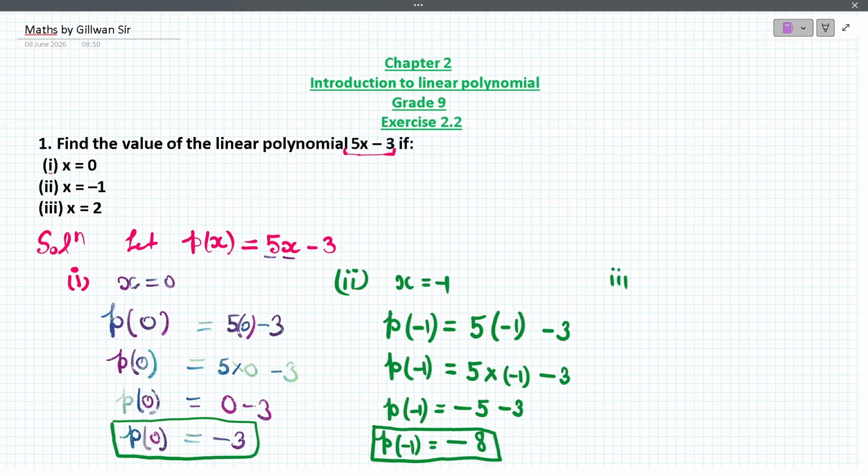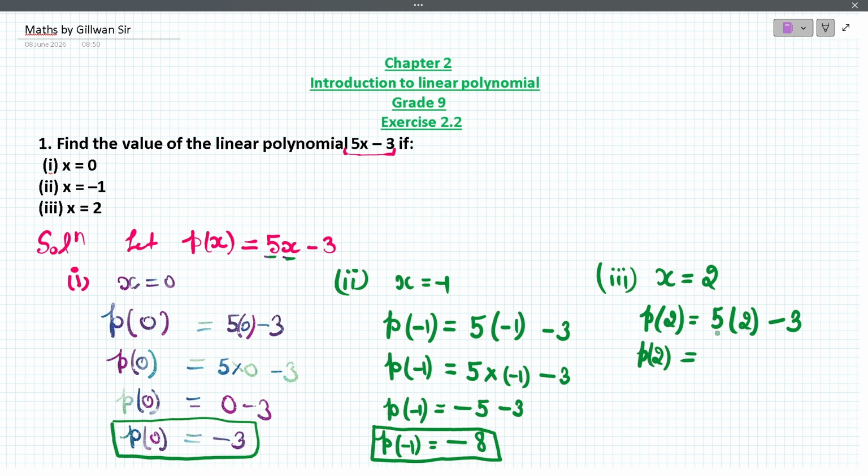Now the third part, x equals 2. We will substitute 2 in place of x in the given polynomial, and we will do it in the bracket because it will help us in calculating our expression. Now it means here 5 into x.